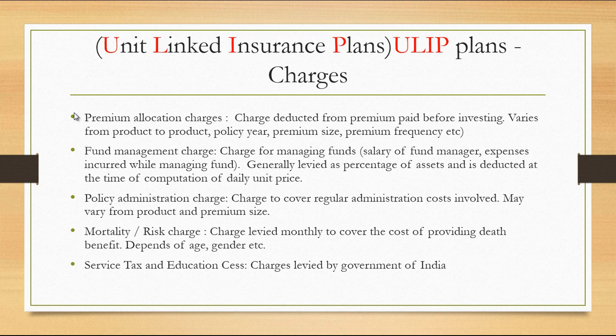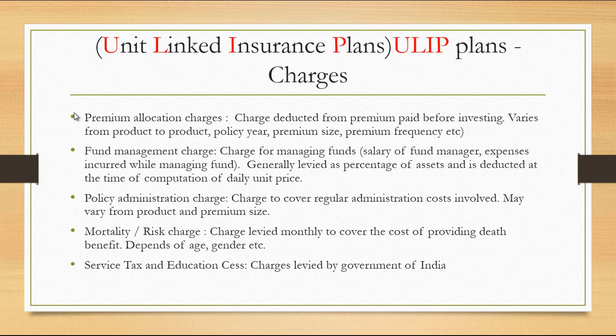This charge is deducted from the premium before investing. For example, let us say my annual premium is 1 lakh rupees and the premium allocation charge is 4,000 rupees. So subtracting 4,000 from 1 lakh gives 96,000. That 96,000 is the amount that is actually invested in the fund, whatever fund choice we have chosen.